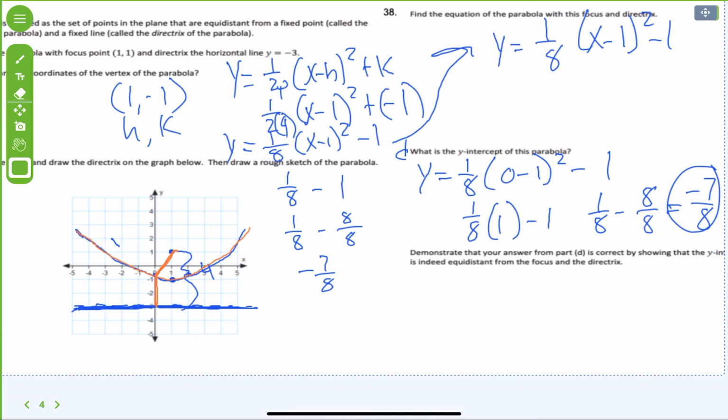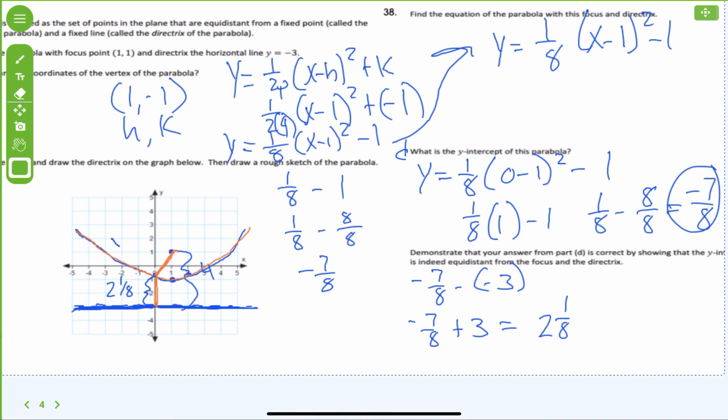That's going to be negative 7/8 minus a negative 3. We're just going to subtract those points. What's negative 7/8 plus 3? That would equal 2 1/8. So that's going to be a distance of 2 1/8.